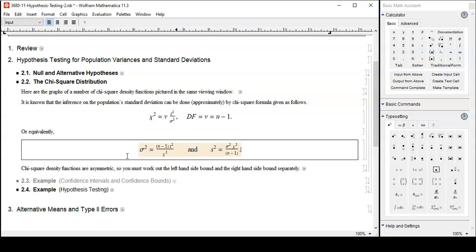Population variance sigma squared is inversely proportional to chi squared if we know the sample variance s squared. If this is known, then the numerator can be considered constant, so we have inverse proportion. Now, on the other hand, if population variance is known, then this is constant now. In this case, the sample variance s squared is directly proportional to chi squared.